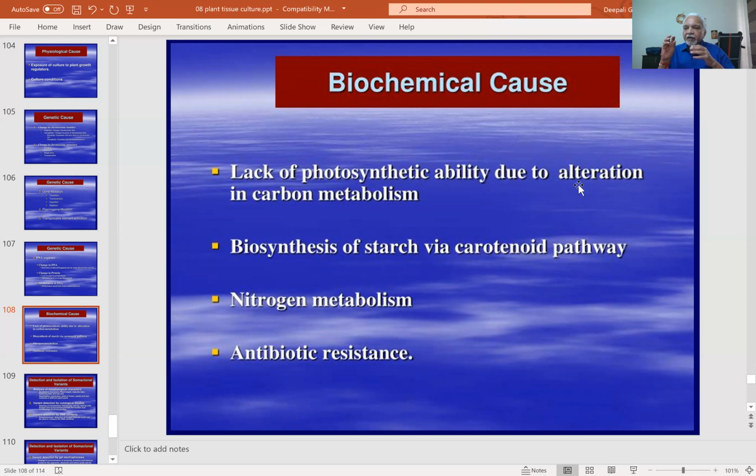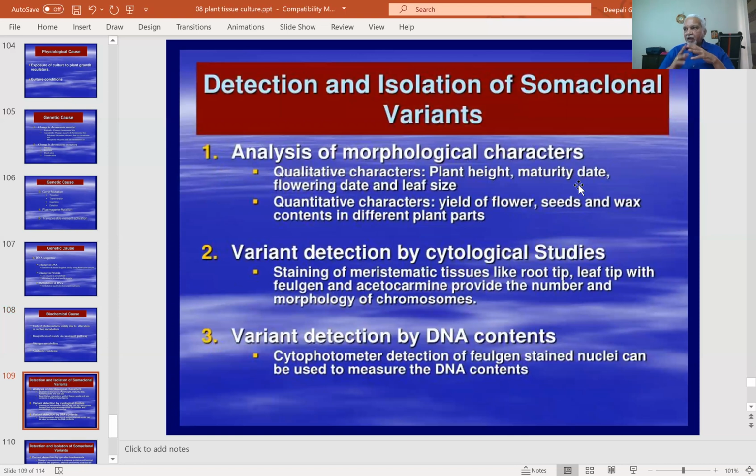It means a clone can show different kinds of photosynthetic ability, different carbohydrate synthetic ability, nitrogen metabolism, and antibiotic resistance. And that change is because of the alteration in these pathways. So that is the biochemical basis. Now, how are these variations detected?